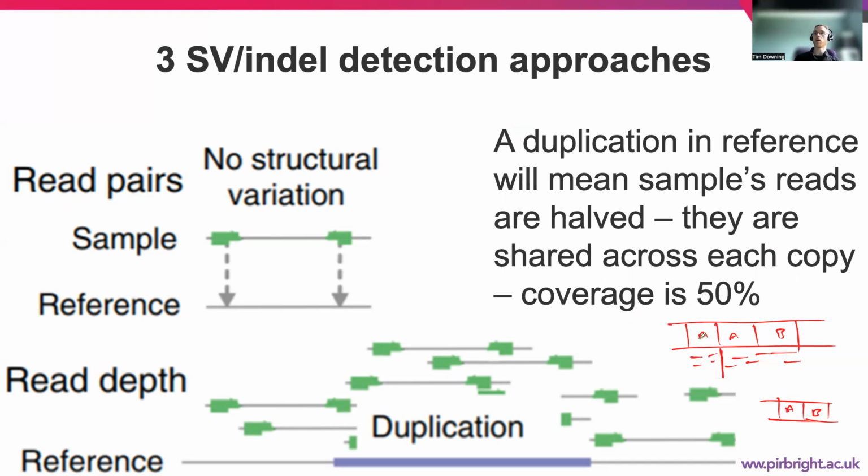So the coverage is fine all the way here. We'll get a drop, and then it'll be 100% here at B, 50% at A, we'll get a gap, and then 50% at A as well.